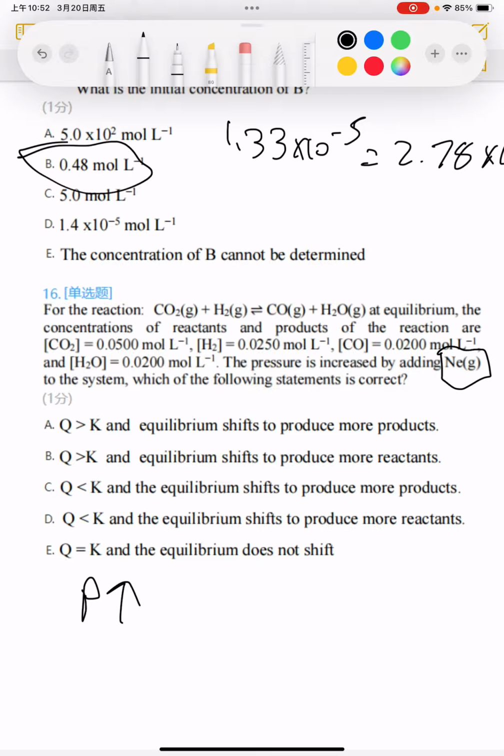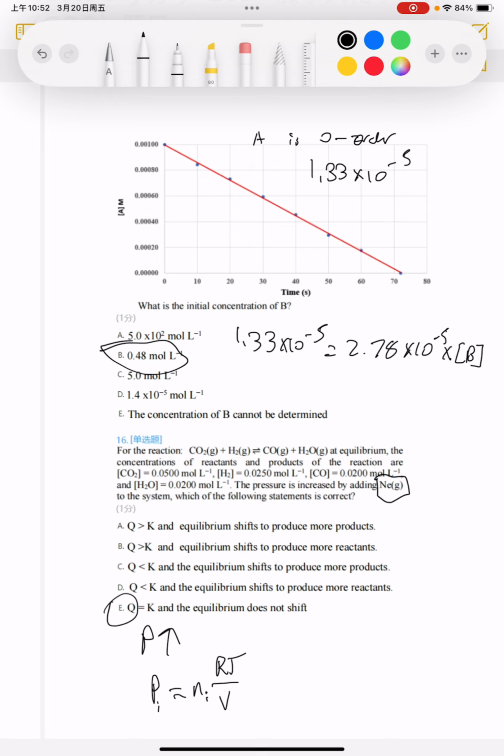But the equilibrium won't shift, because it's the same gas molecules on both sides, and the partial pressure for each gas, P partial, equals nRT divided by V. So this won't change, nothing changes over here. The equilibrium doesn't shift.